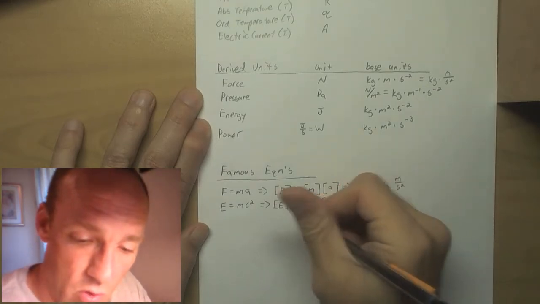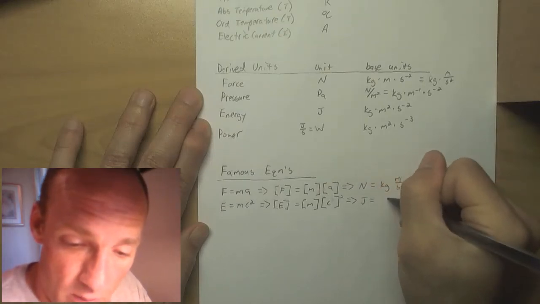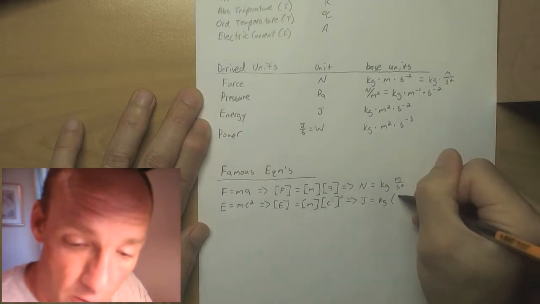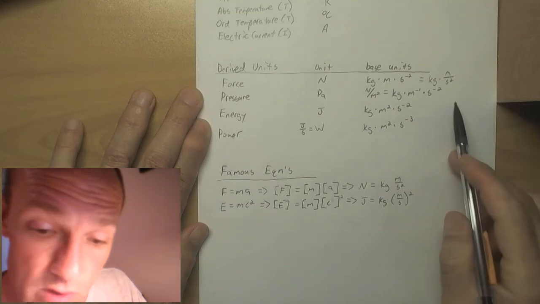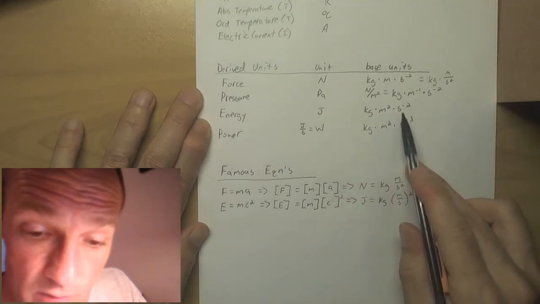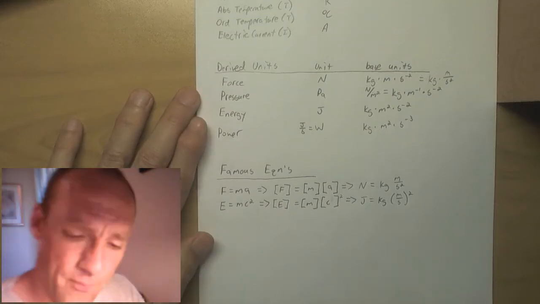All right, so the units of energy are joules, and that's got to be equal to kilograms times the units of speed, meters per second squared, which is exactly what I got here. Meters squared divided by seconds squared.